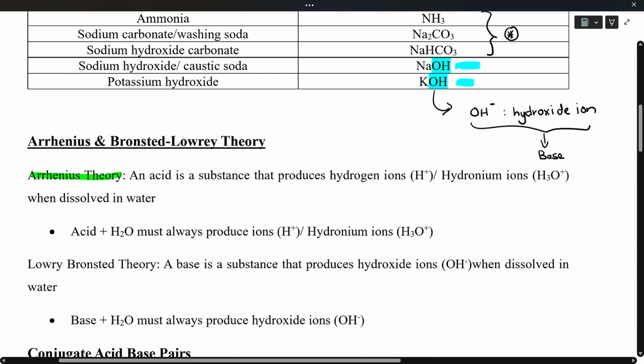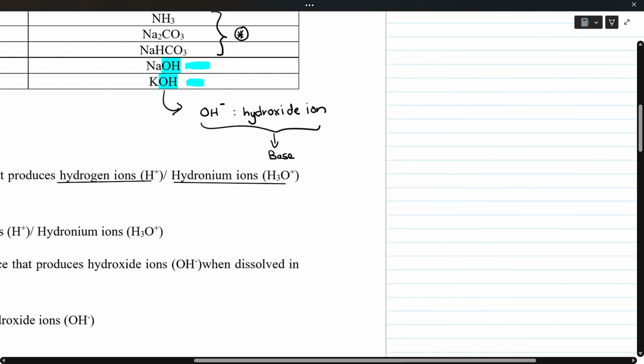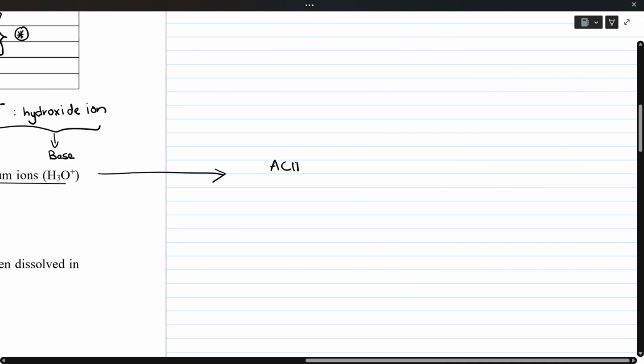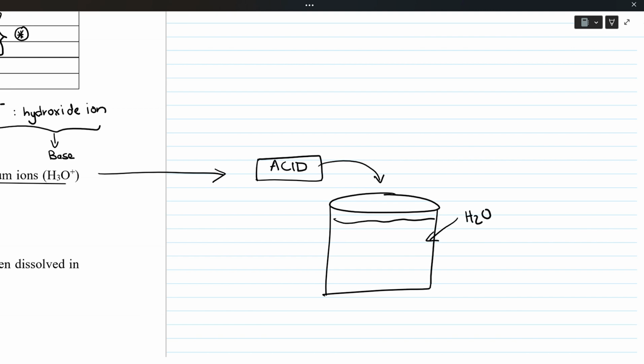The Arrhenius theory firstly says that an acid is a substance that produces hydrogen ions or hydronium ions when it is dissolved in water. So firstly, what does that mean for us before we even look at any more theory? This means that if I take a substance which is an acid and I put it in water, so this is my glass of water and I'm putting the acid into the water, then in the water, H2O, I'm going to get ions forming.